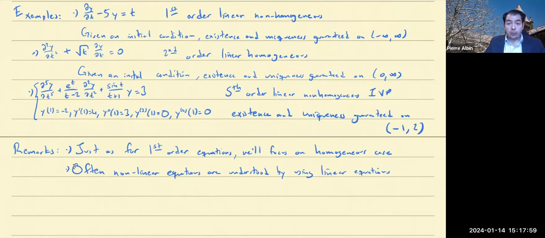So it's a good idea to get a really good understanding of linear equations, because that's useful not just when you're studying linear equations, but also when you're studying nonlinear equations. And then the last remark is that linear equations have a lot of structure related to linear algebra.